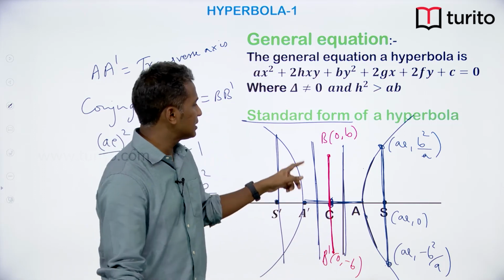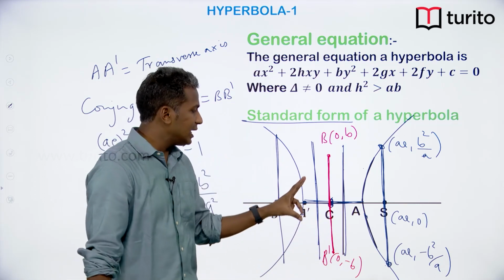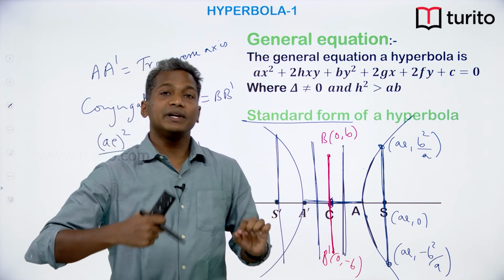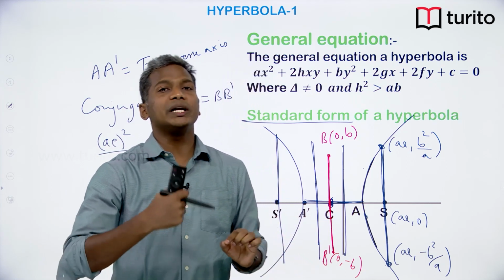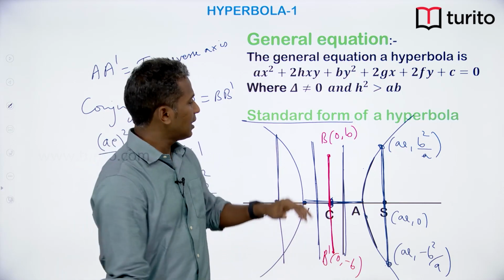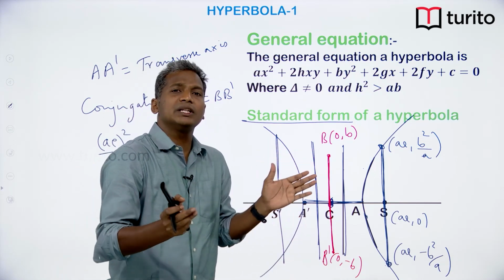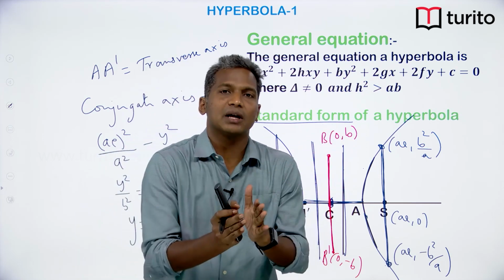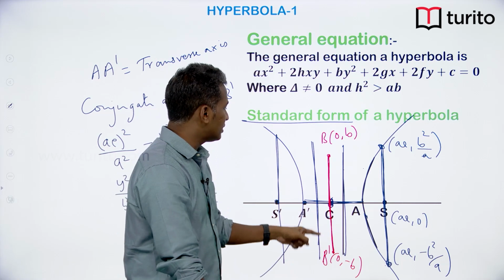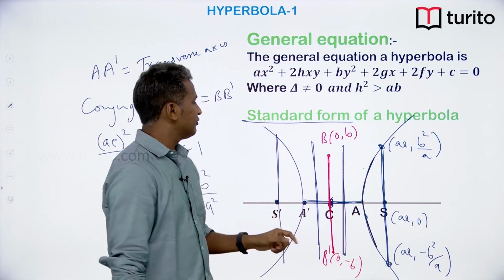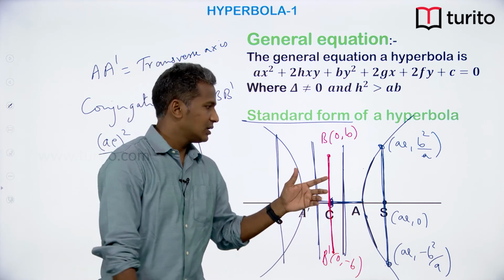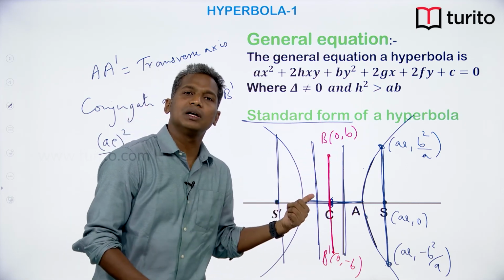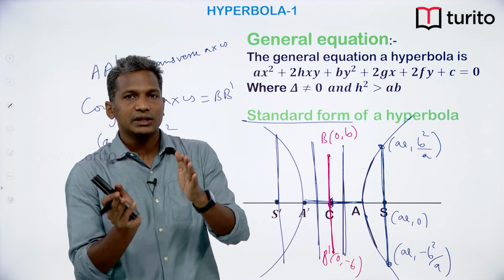So, B and B dash are not on the curve, but this length BB dash will definitely tell you the orientation of the hyperbola, whether it is a wide, stretched hyperbola or a compressed hyperbola. That is given by the length of BB dash. If BB dash is very high, then the hyperbola is very wide. If BB dash is small, then the hyperbola is very compressed.